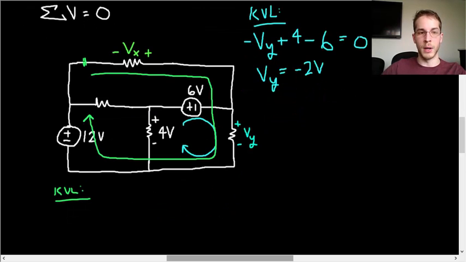We'll start again right here and go clockwise. So our first term is going to be plus Vx. So Vx minus Vy, and then plus 12 is equal to 0 because we're back where we started. So from this, Vx is going to be equal to negative 14 volts.